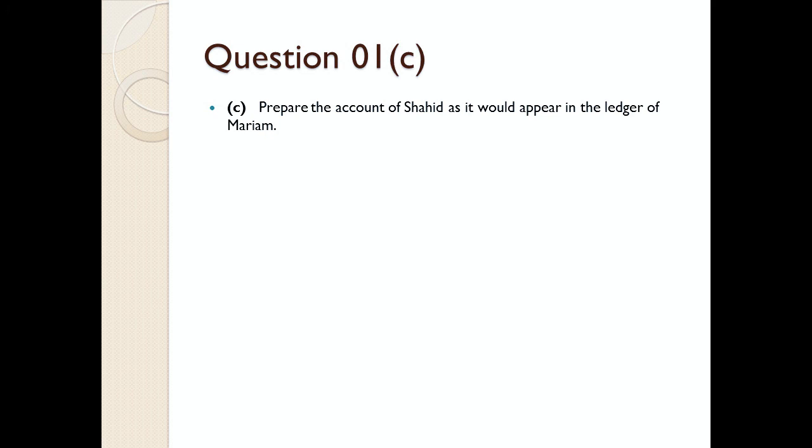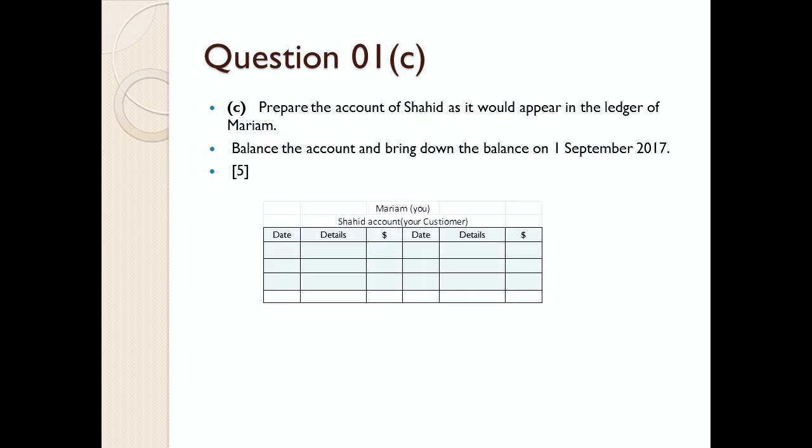Now Shahid will become your creditor, boys, and you have bought something and you have paid. You have to record this in your ledger. You can make a running balance, and I have made a T account here. It doesn't make any difference if you want to go for a running balance ledger, guys.